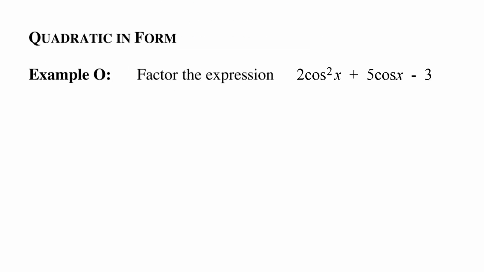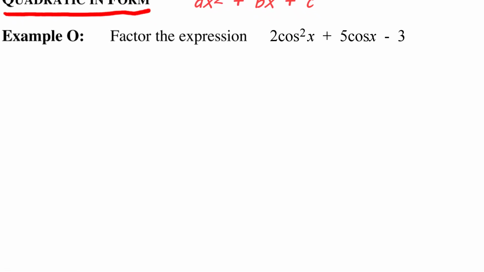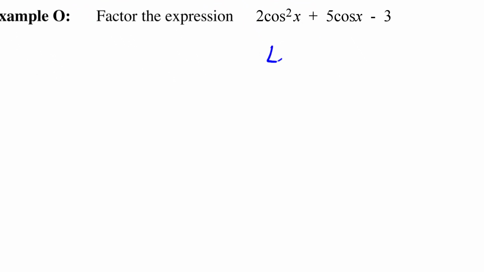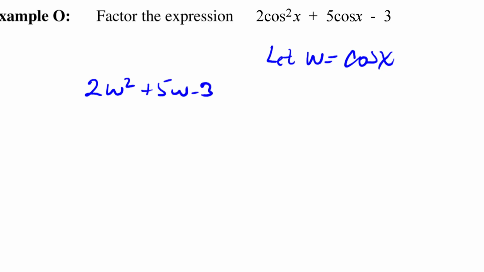Sometimes we have a trig expression that is quadratic in form, ax squared plus bx plus c. And in this case, the 2 cosine squared x plus 5 cosine x minus 3 fits that form. But what we're going to do is make it like algebra and say, let w equal cosine x, so that we can rewrite that as 2w squared plus 5w minus 3. Now I'm going to use my factoring technique, but you can use whichever technique works best for you.